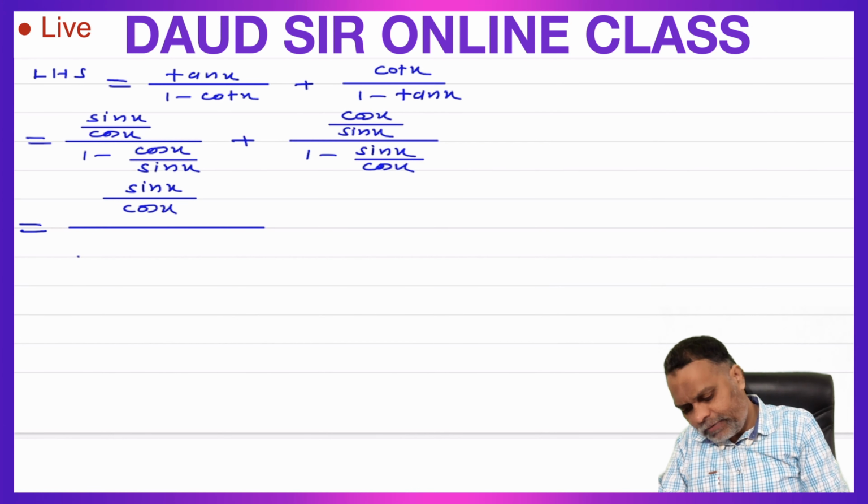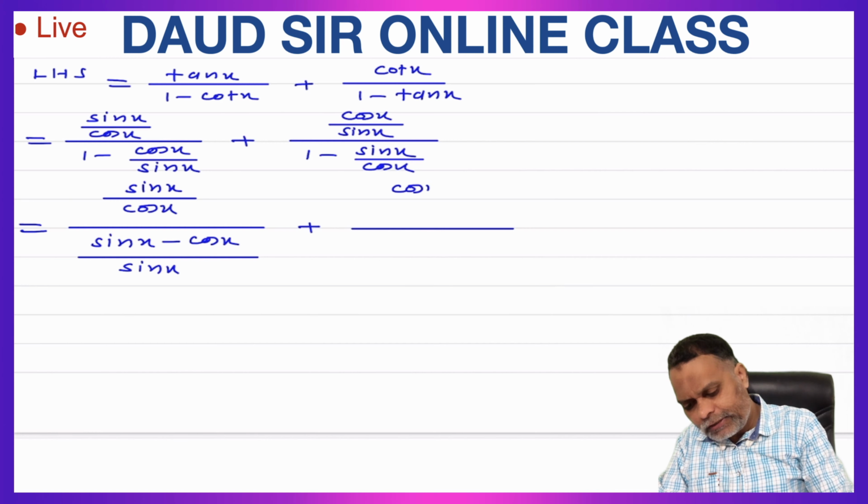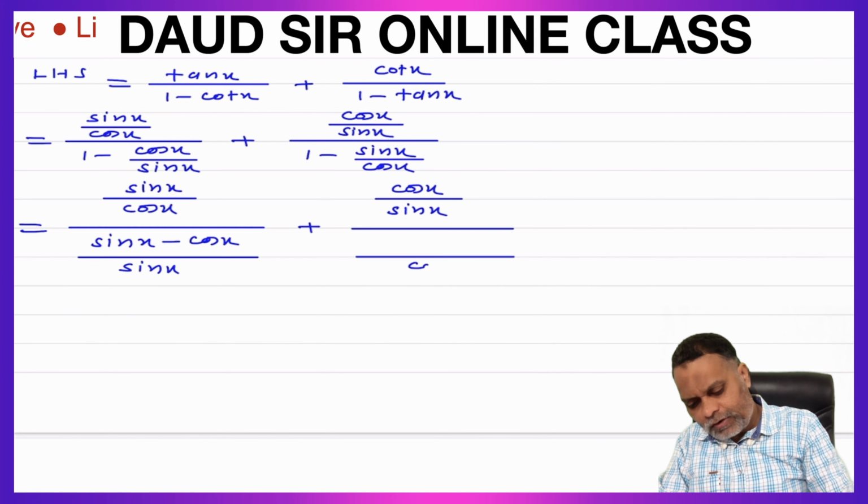In denominator, 1 and sin x, LCM of 1 and sin x is sin x. So it is sin x minus cos x plus this cos x upon sin x as it is. In denominator, 1 and cos x, LCM cos x. So this is cos x minus sin x.